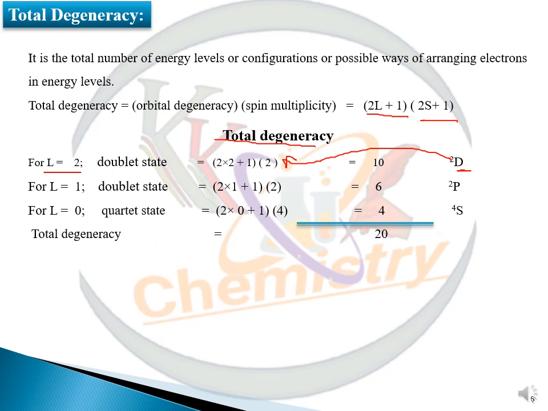Putting these values in this equation, it will give us 10. The second one, when L is equal to 1, put the value of L over here and the spin multiplicity 2 over here, it will give us 6. And for S we have 4. The total degeneracy will be equal to 20.